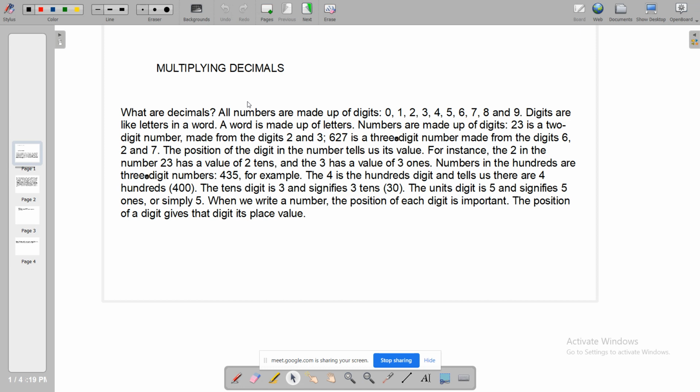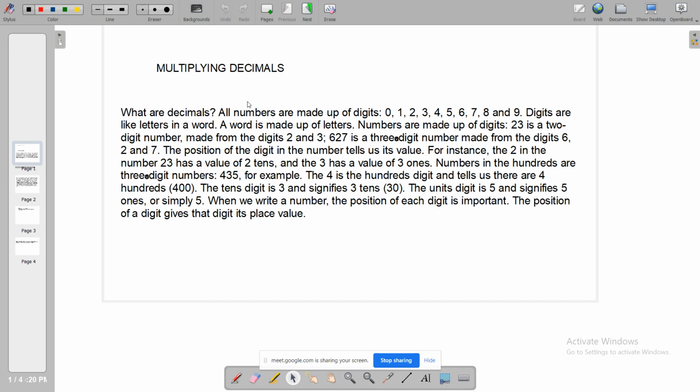23 is a 2-digit number made from the digits 2 and 3. 627 is a 3-digit number made from the digits 6, 2 and 7.